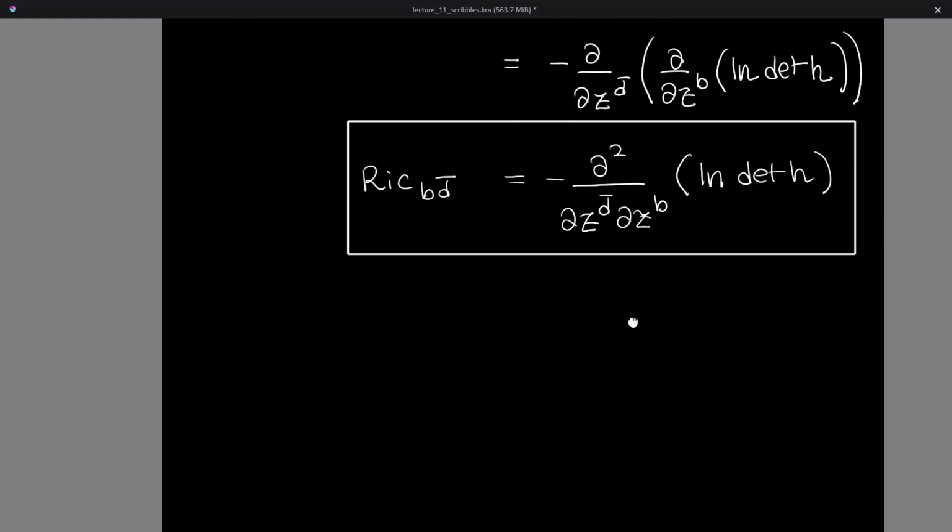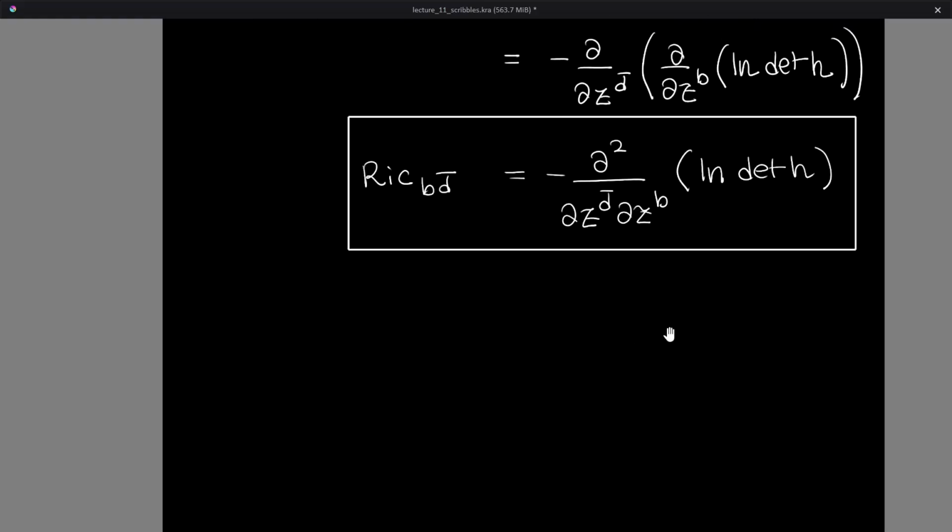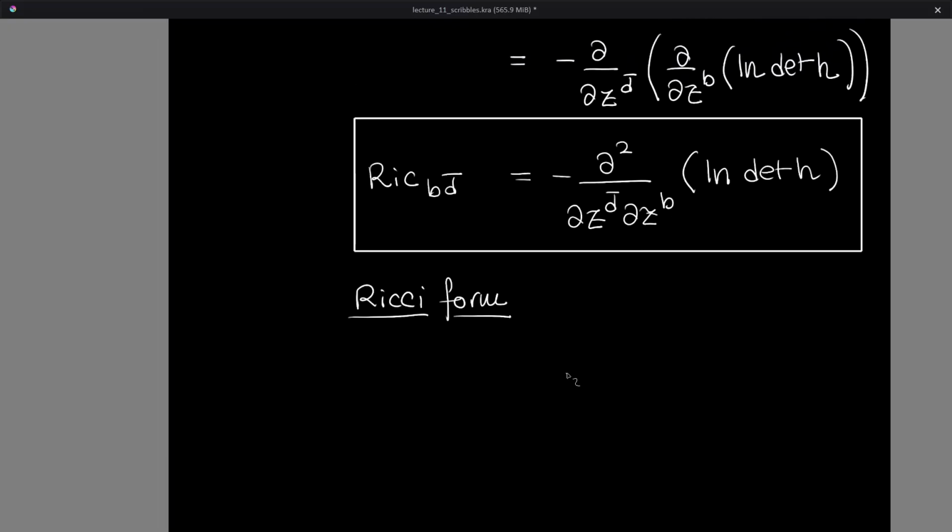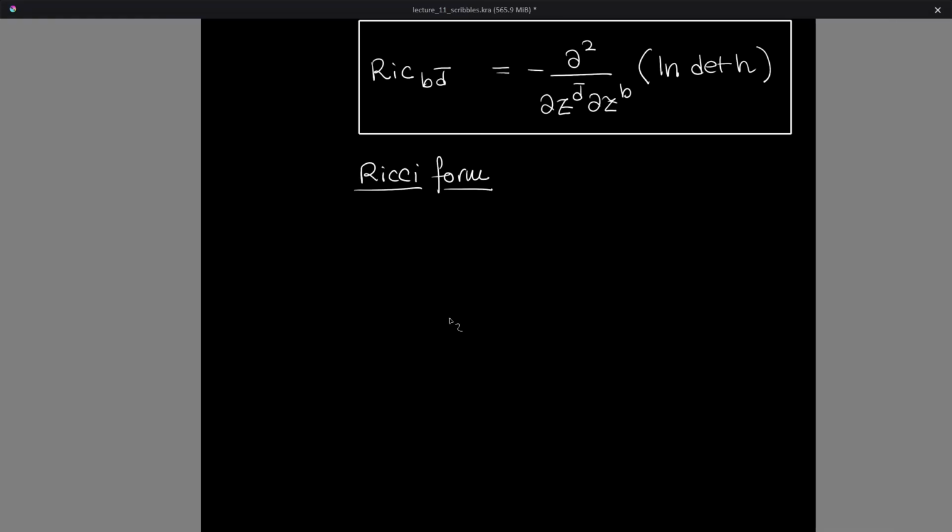So now we're going to move on to talking about the Ricci form, which will nicely flow from our discussion on the Ricci tensor of the Kähler manifold. The Ricci form is an exterior differential form that we will derive from the Ricci curvature tensor.